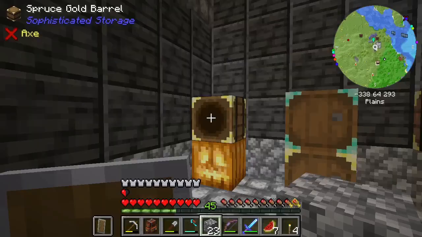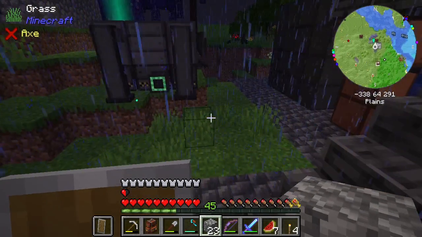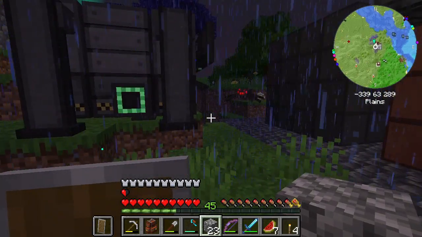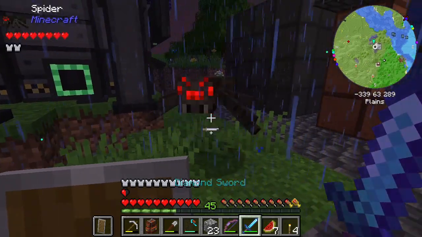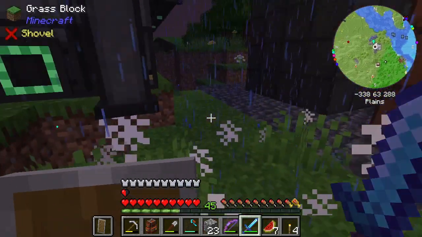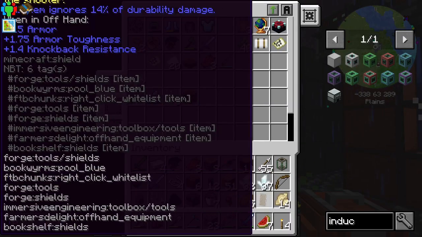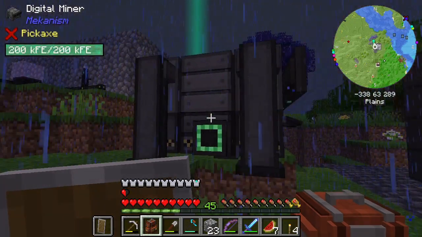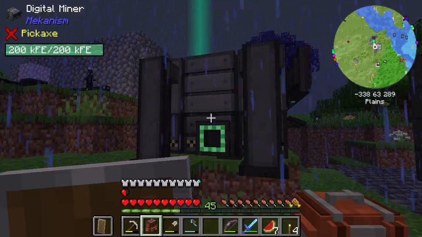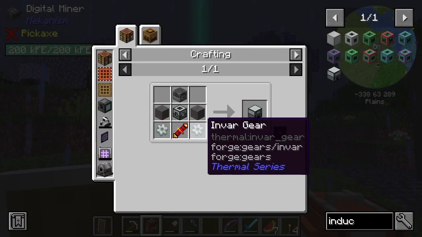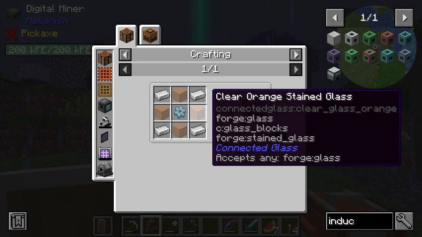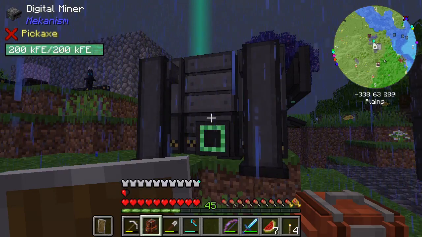And as for the iron, I think I threw all the iron that I had into my processor. So let's see, how much Invar do I need? 1, 2, 3, 4, 5, 6, 7, 8. This just takes 10.